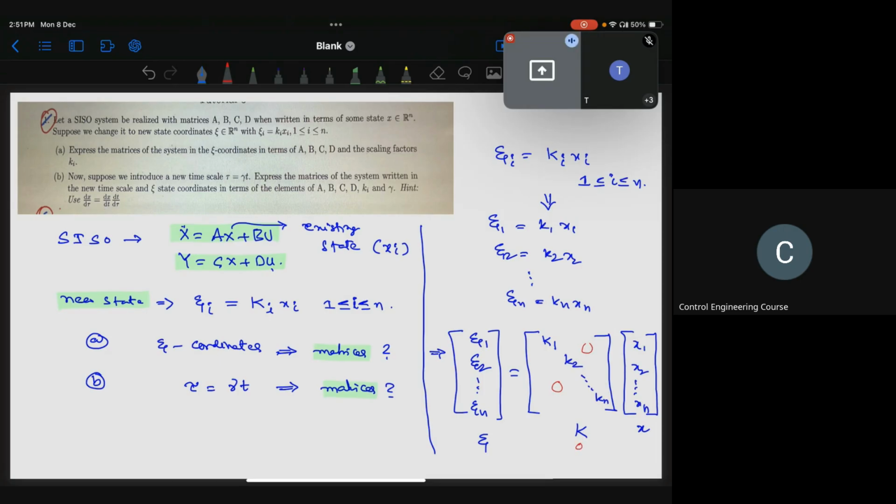Either we can call it K or T matrix. I hope this is clear. Let's call it T instead of K so we don't get confused. So now zeta equals Tx. This is the relation we have.